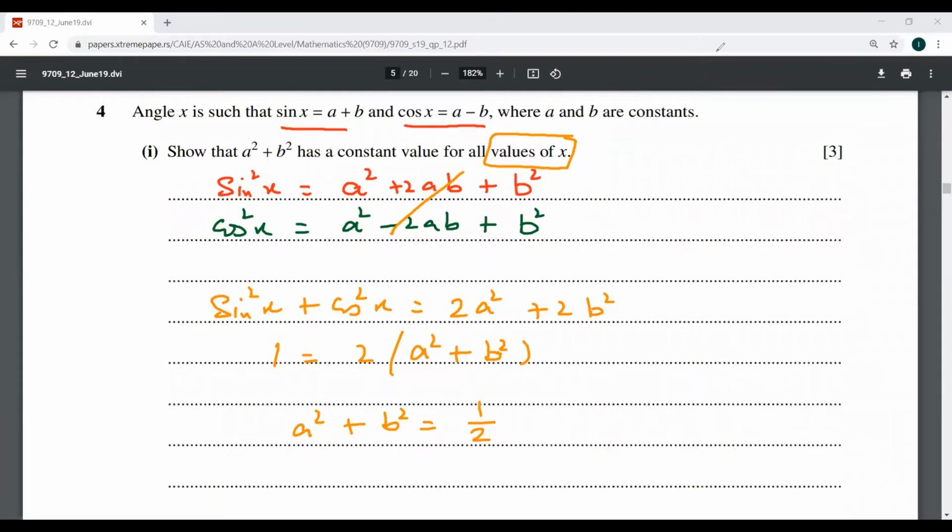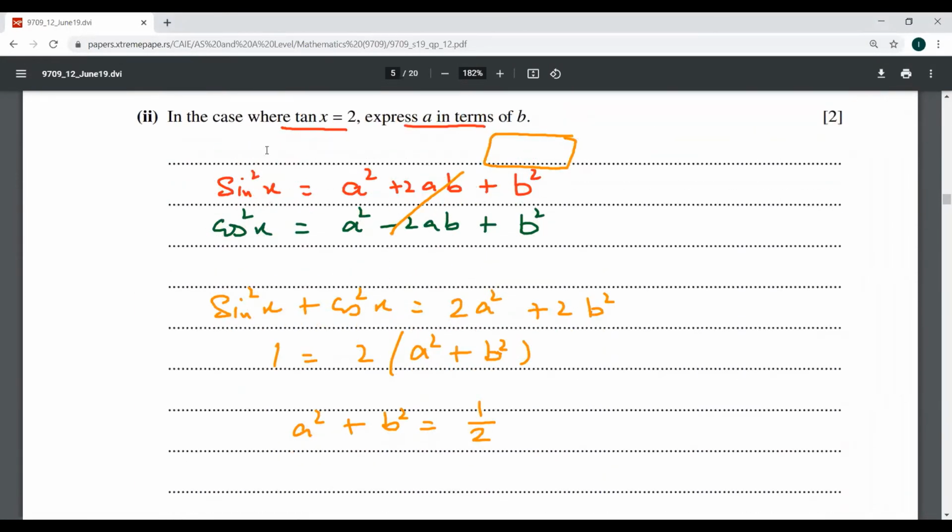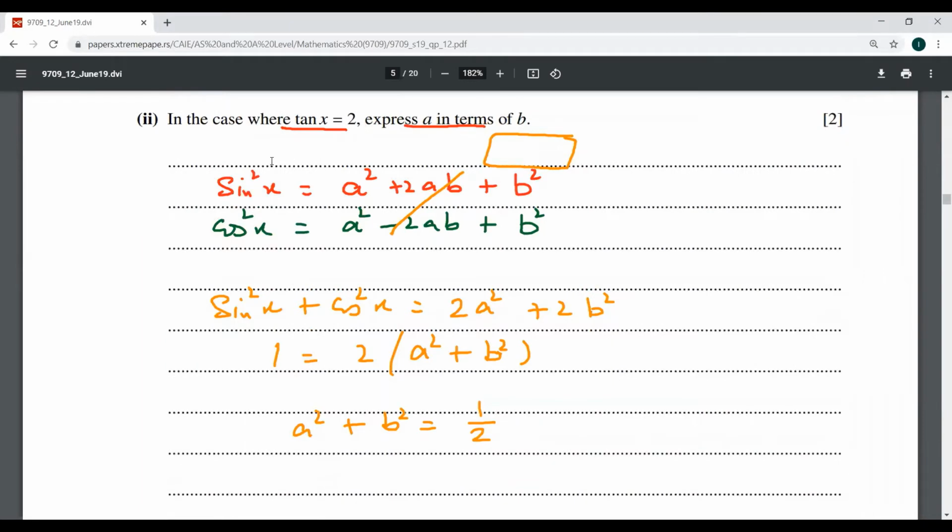Okay? Next, let's see what's the second part. In the second part, I might need to write these equations because let me see what's in the second part. Okay, in the case where tan x is 2, express a in terms of b.